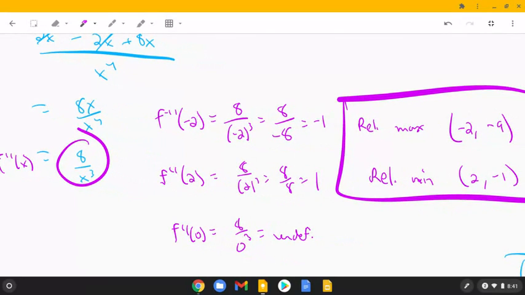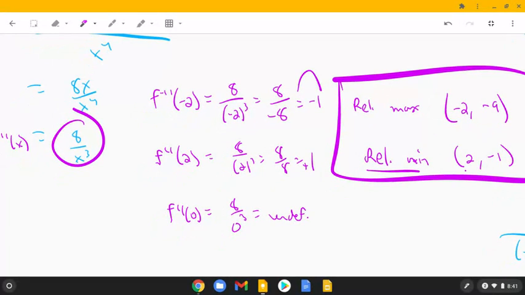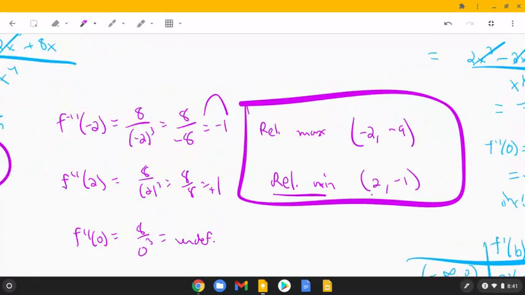And so when we plug in negative 2, that gives us a negative 1, which tells us it's concave down, so that's a max at (negative 2, negative 9). When I plug in positive 2, I get a positive, so that tells us a relative min at (positive 2, negative 1) when we plug it into the original f. And then when you plug in 0, you get undefined, so that is inconclusive there.